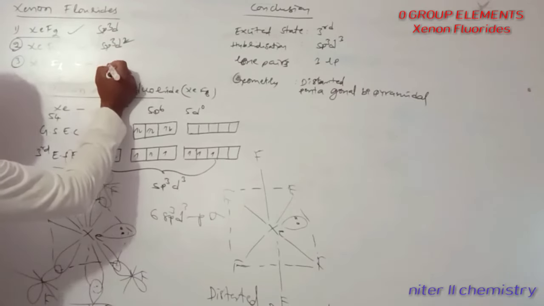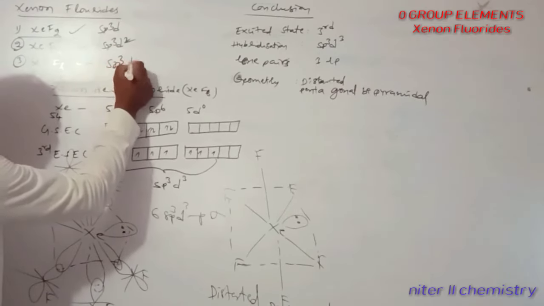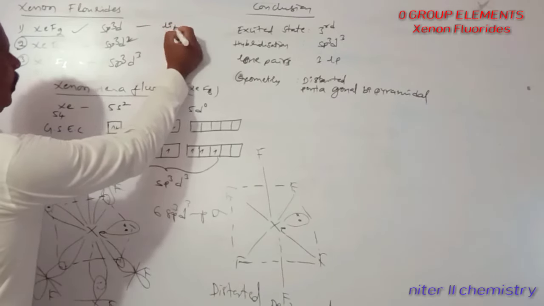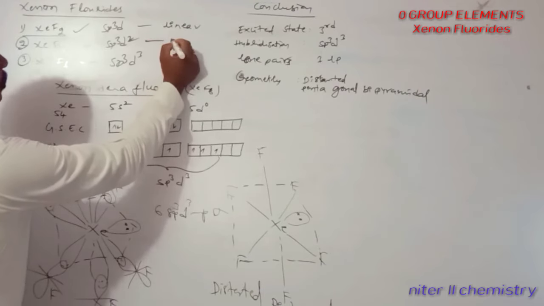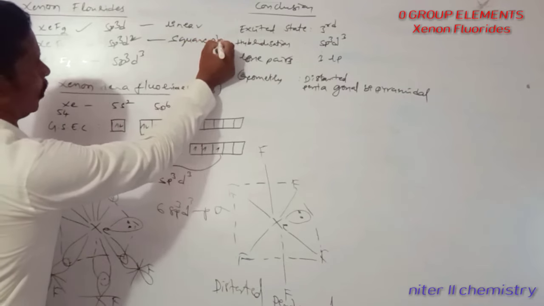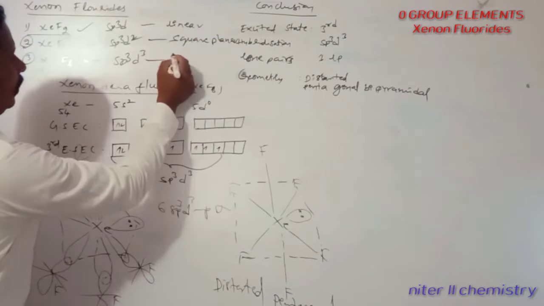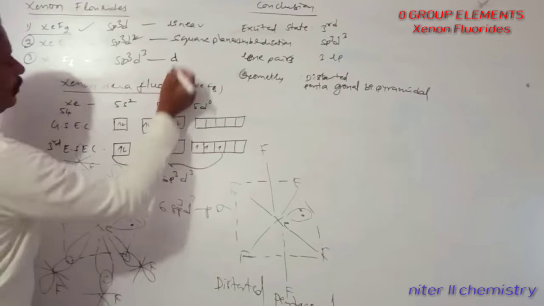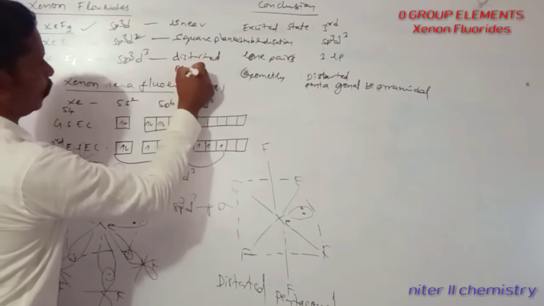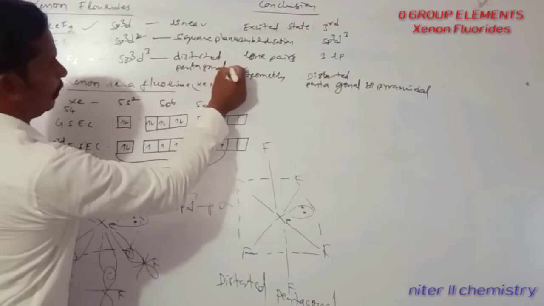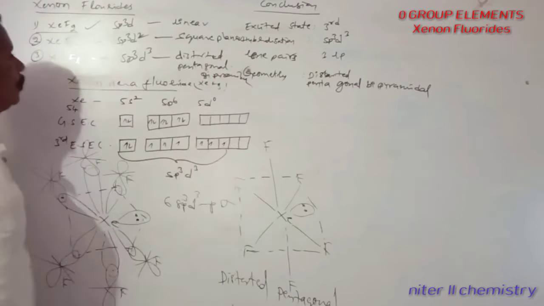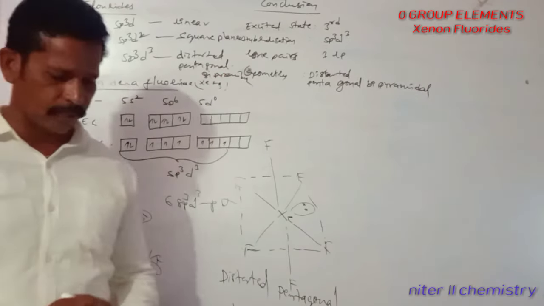Xenon hexafluoride undergoes sp3d3 hybridization and is distorted pentagonal bipyramidal. So these are the geometries of the xenon fluorides.